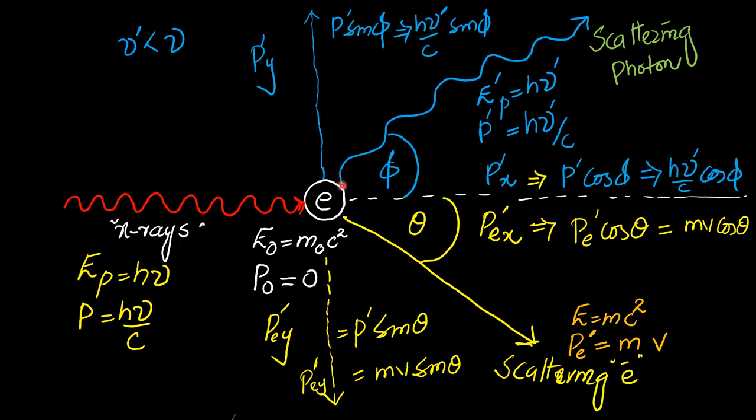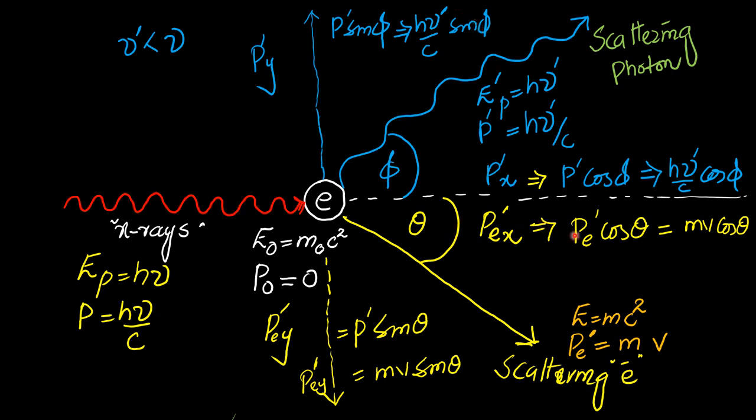They cause scattering of the electron as well as scattering of the photon. The energy of the scattered photon is h into nu dash, whereas the momentum of the scattered photon is a vector quantity, so it has resolved components along the x-axis and y-axis. The momentum along the x-axis will be p dash cos of phi, which is h nu divided by c cos of phi, and the momentum along the y-axis for the photon will be h nu dash divided by c into sine of phi.